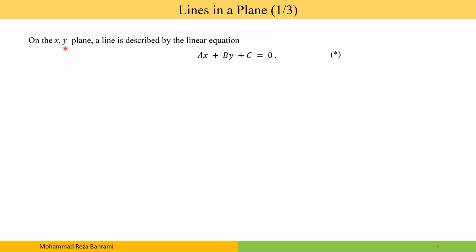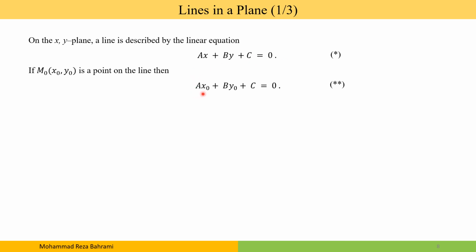Lines in a plane. On the xy plane, a line is described by the linear equation, as you can see here, ax plus by plus c equals 0. If we have a point m0 on the line, we can simply substitute its coordinates into the equation of the line.